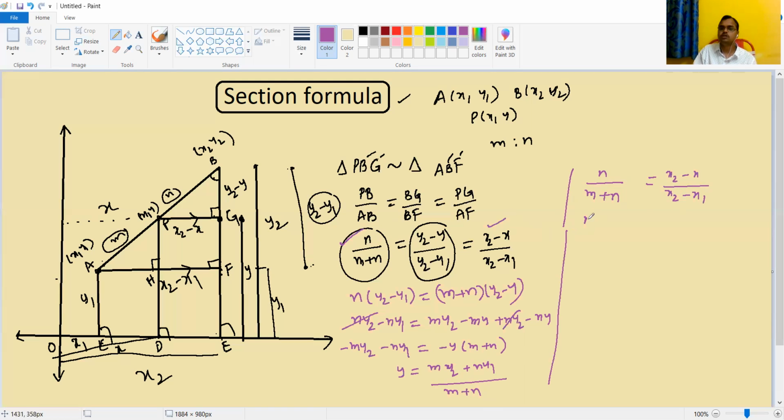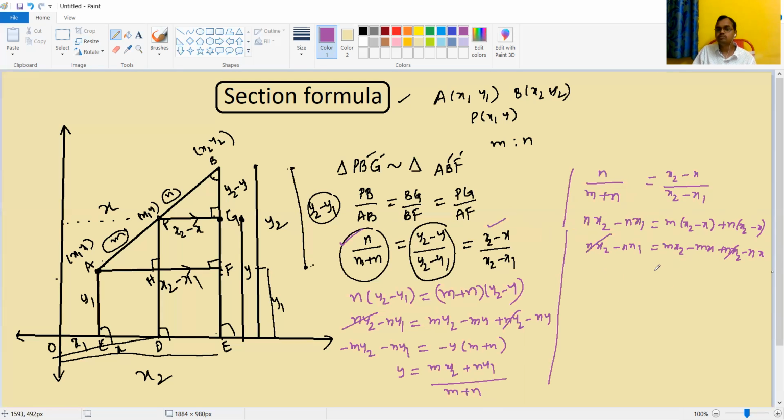Cross multiply: m times of x2 minus x plus n times of x2 minus x, that is mx2 minus mx plus nx2 minus nx, which is equal to nx2 minus nx1. nx2 will be cancelled.